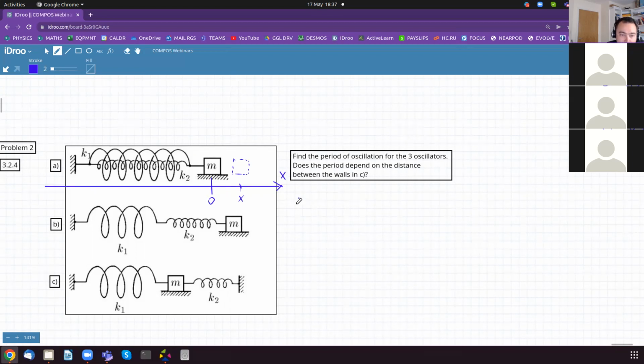So Newton's second law for A: mass times acceleration is going to be, so both springs are stretched by the same amount. So we have minus k1x minus k2x. So we simplify that. Ma equals minus (k1 plus k2)x.